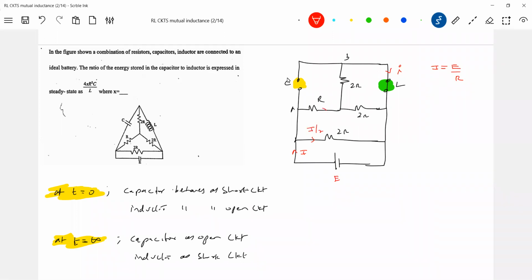How can I say that? Because the effective of these two, 2R and R, will be R, and that R will be in series. So what about the capacitor? Open circuit, need not bother. I'll draw one more circuit. Don't bother about the inductor and capacitor, remove them. Let's not bother here. So look at only this circuit.